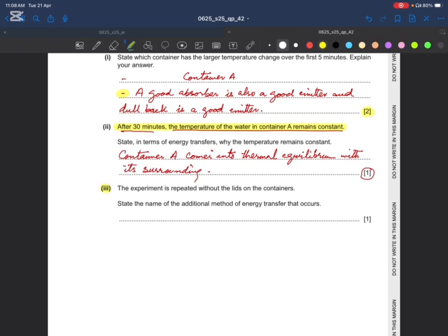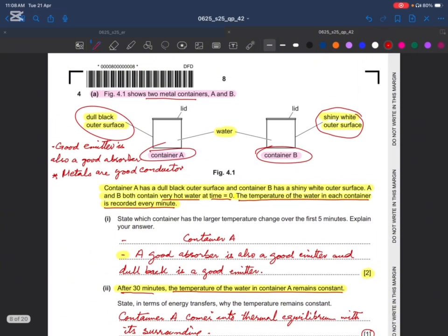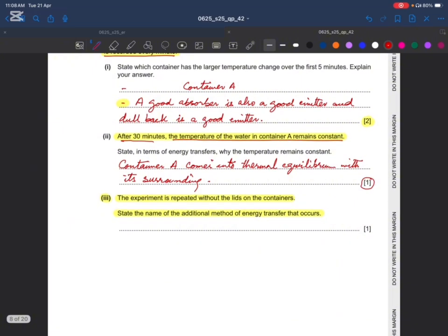Then in the third part, the experiment is repeated without the lids on the containers. So what will happen in this case? State the name of the additional method of energy transfer that occurs. Initially, only conduction was taking place. But as soon as you open the lid, convection will also be a method through which energy is lost to the surroundings.